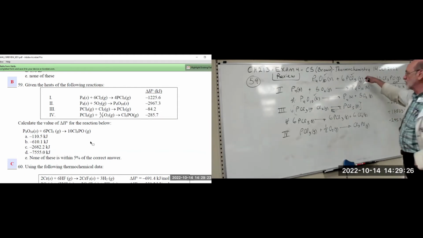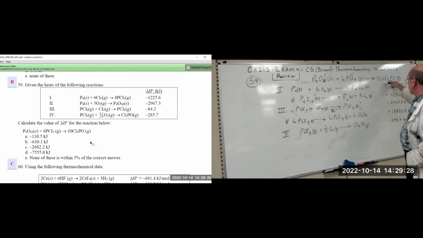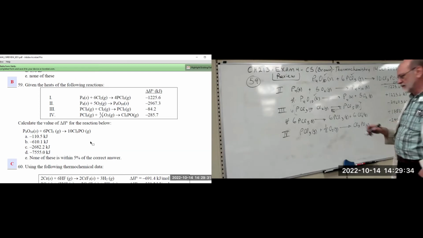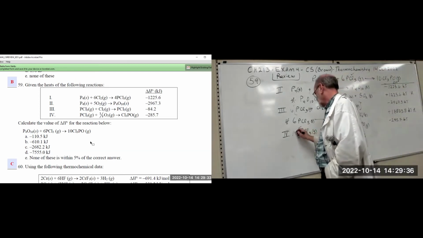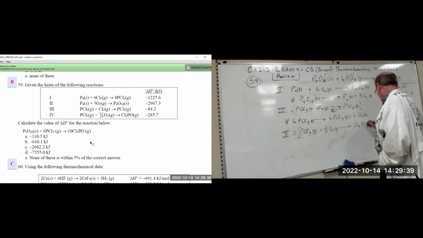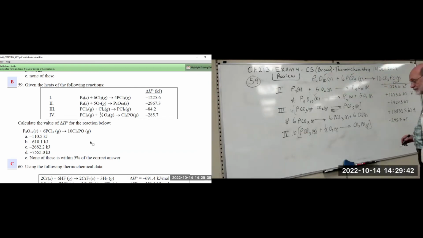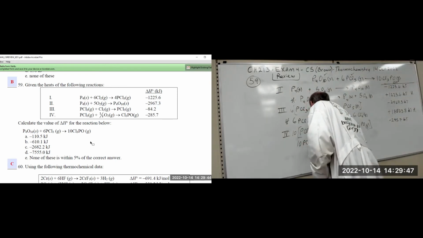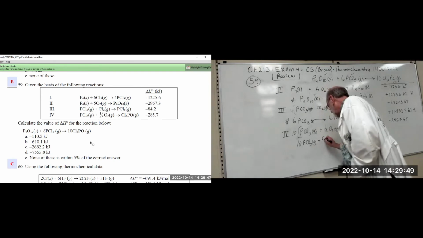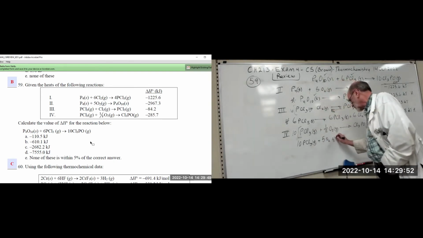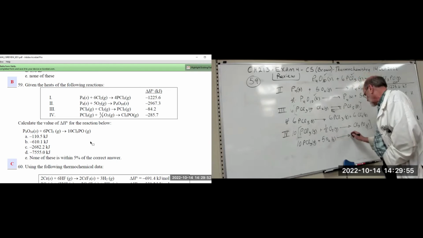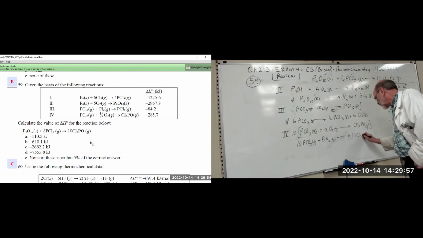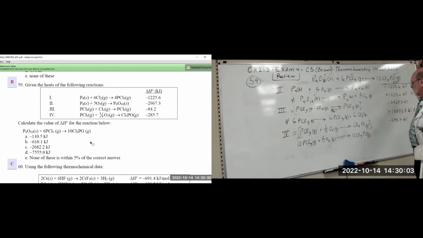Now let's compare it to our target equation. Okay, we have it on the right, it's on the correct side, but we need 10 of them. Right? So we're going to end up with 10 PCl3 plus 5 O2, right? 10 times a half, and 10 Cl3PO gas. Okay, that takes care of this one.